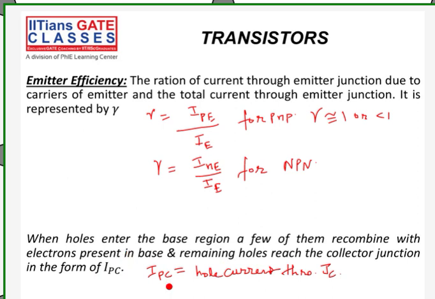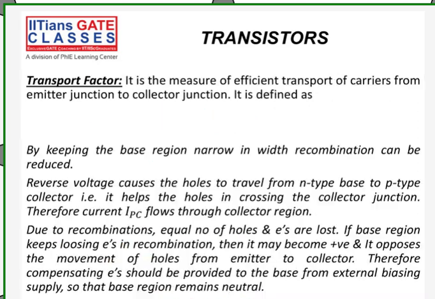Now we will come to the next concept. With these holes reaching the collector region, a new term comes. What is the term? Transport factor. It means transportation of majority carriers from the emitter region to the collector region. That is the transport factor. Now, what is the definition?